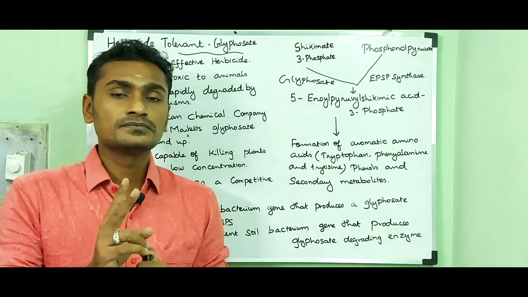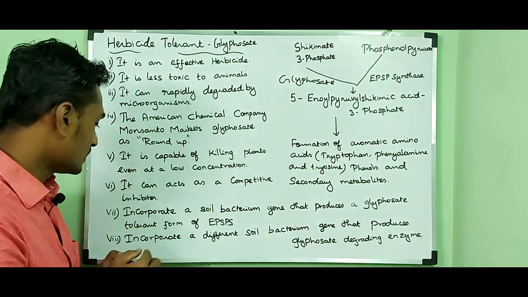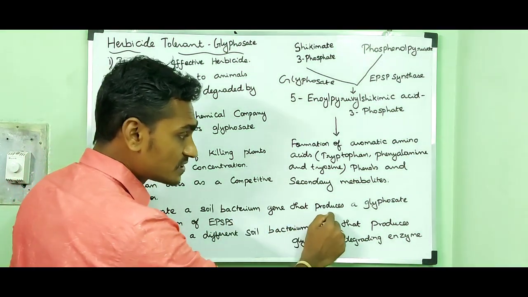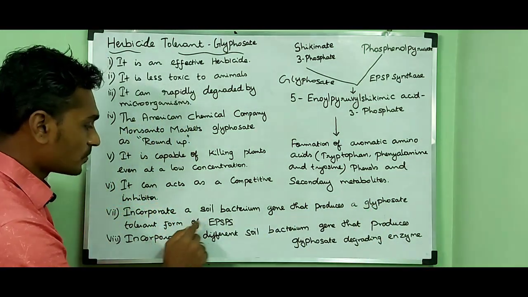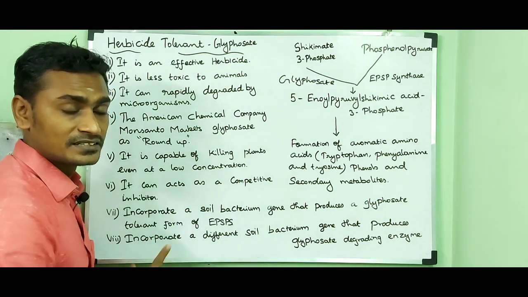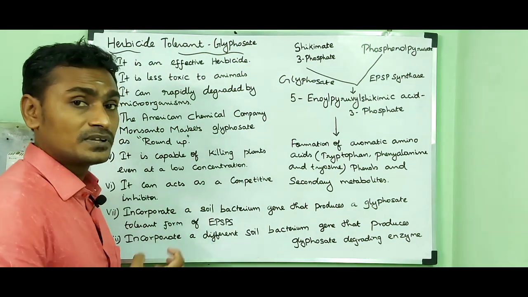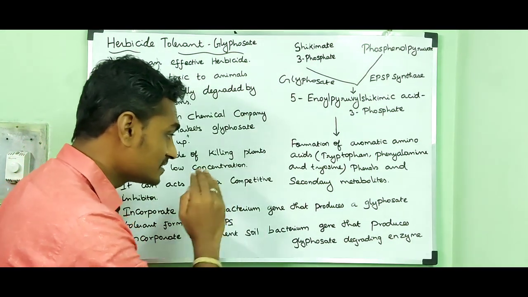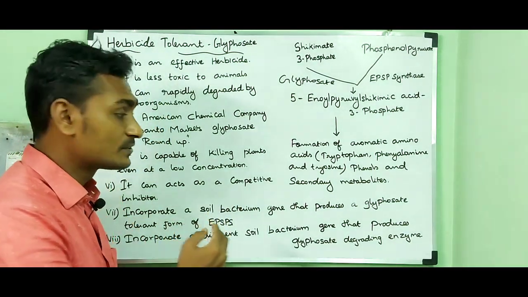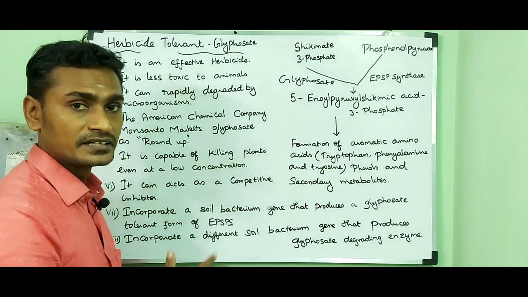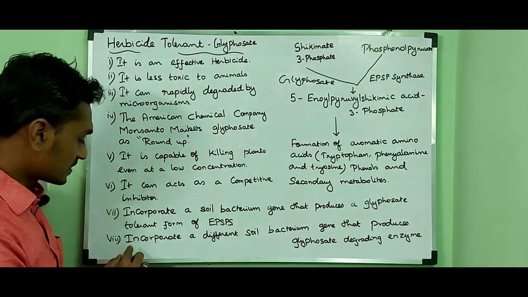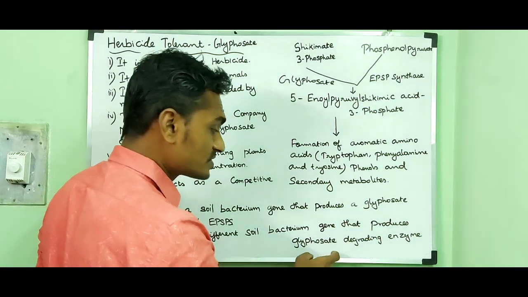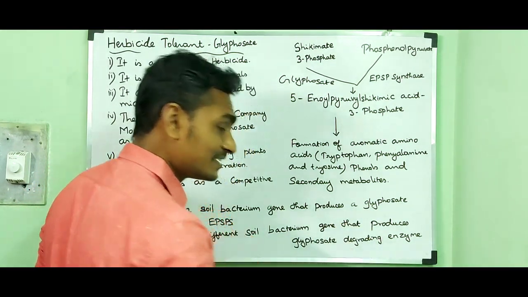In our book they have given two methods. One is to incorporate a soil bacterium gene that produces a glyphosate tolerant form of EPSPS. That means the plant genome has to incorporate a soil bacterium gene that can tolerate glyphosate herbicide. The second method is to incorporate a different soil bacterium gene that produces a glyphosate degrading enzyme.